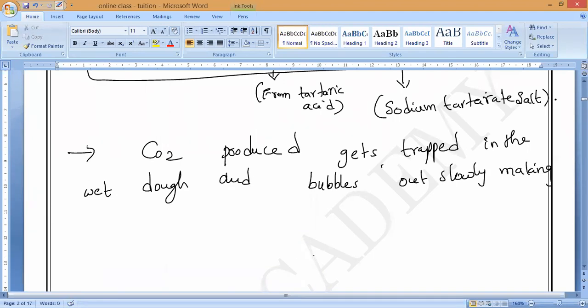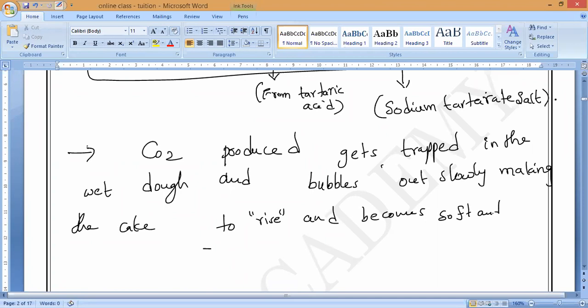To make it very spongy as well as soft. Making the cake or bread rise, and become soft and spongy. That you have to remember.